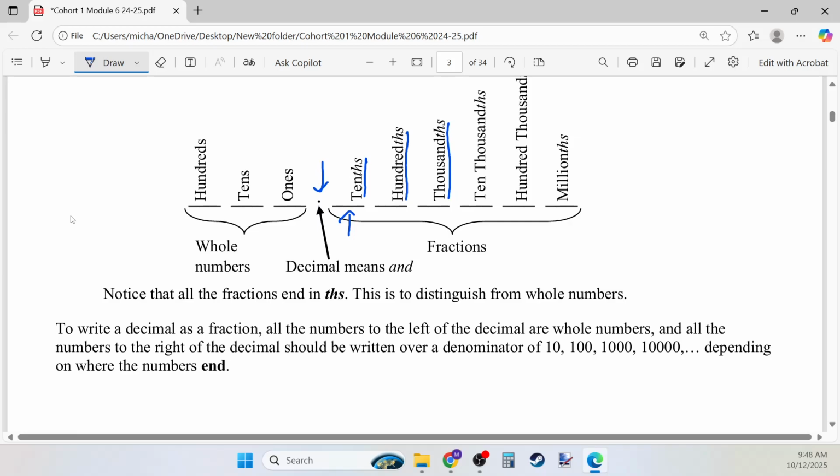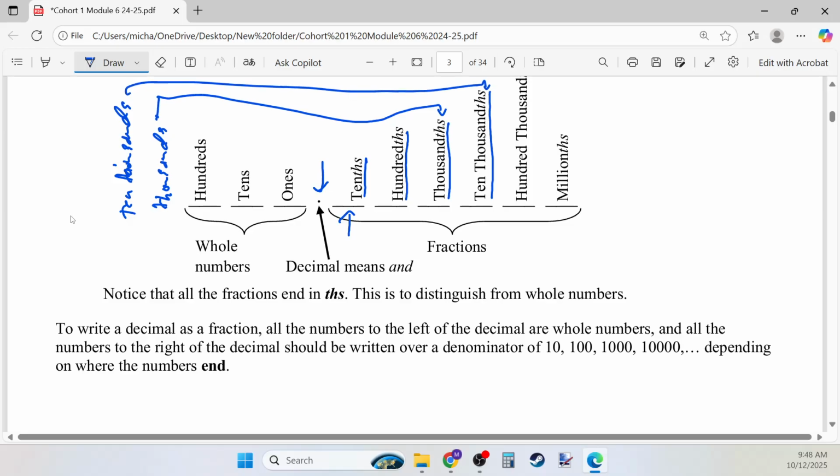We keep going, we get thousandths, ten-thousandths, and there's a nice mirror property: over here we have thousands, which is the mirror image of thousandths, and 10,000s mirrors ten-thousandths, with the ones sitting in the middle between all of the pairs that reflect each other.